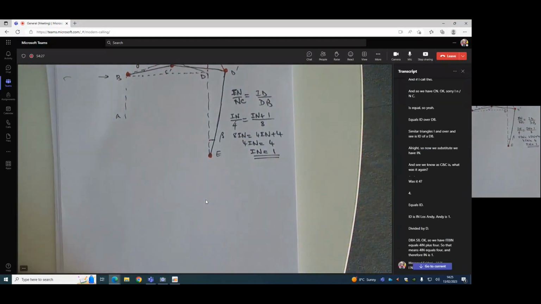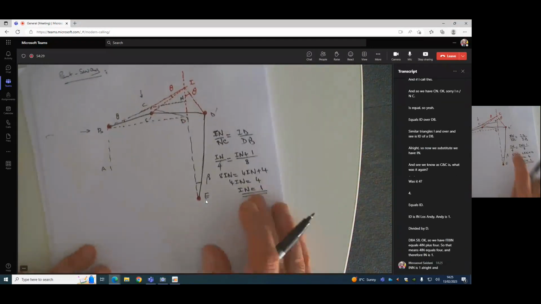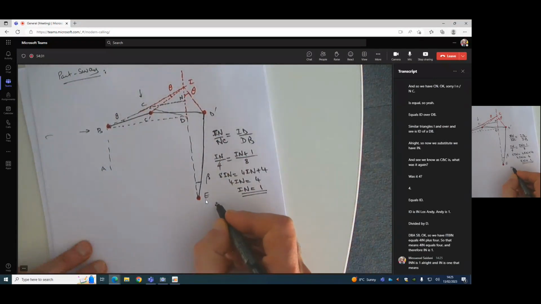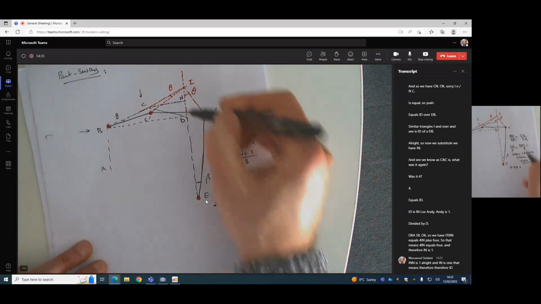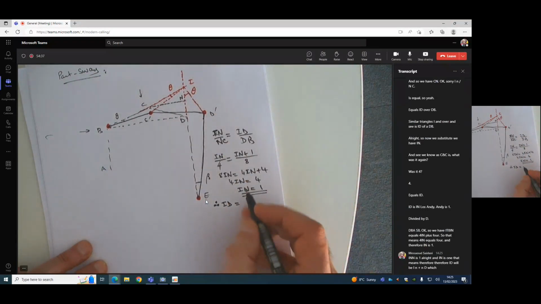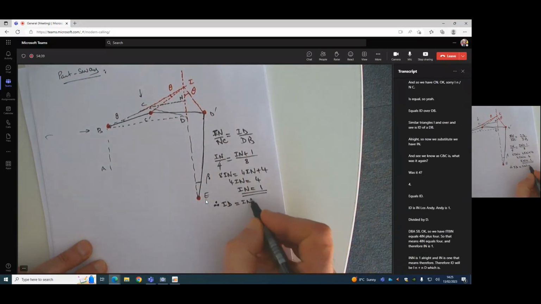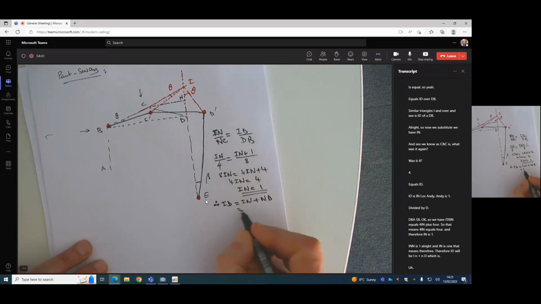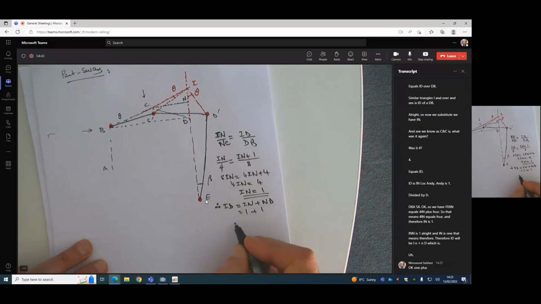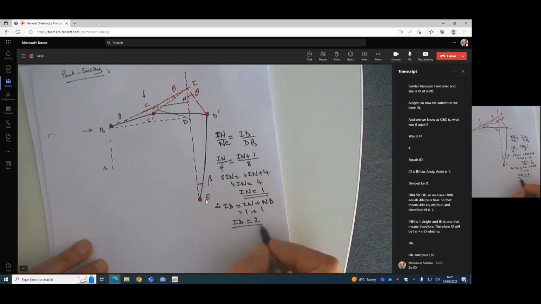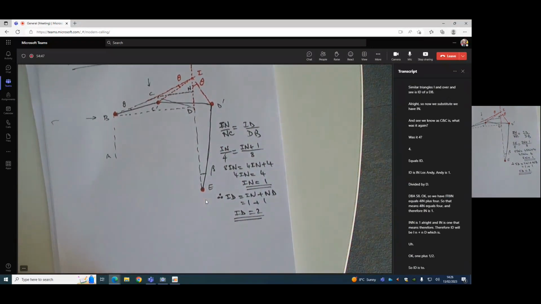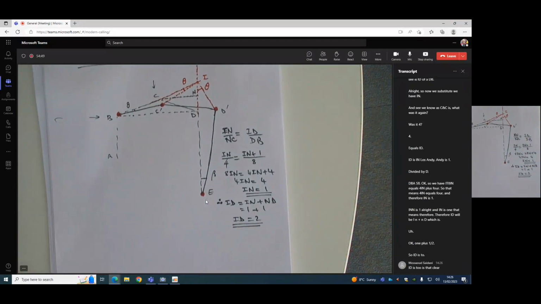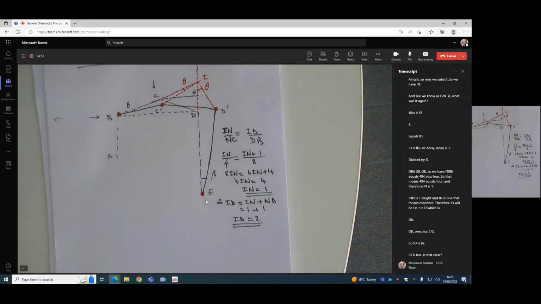That means ID will be IN plus ND, which is 1 plus 1, 2. So ID is 2. Is that clear? From geometry.